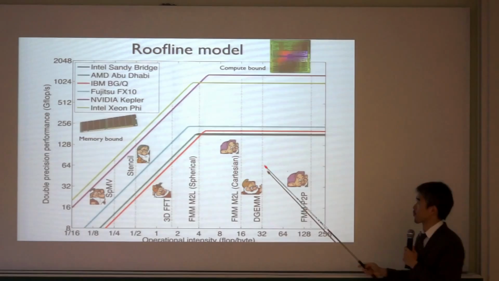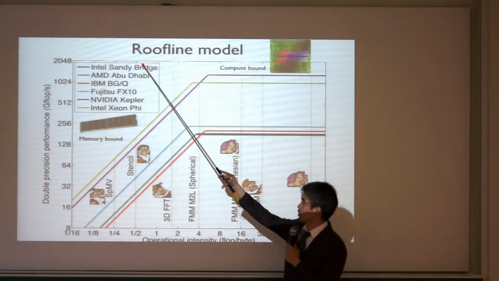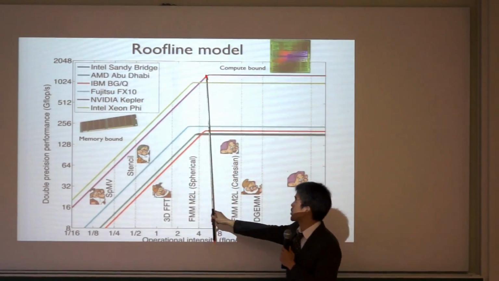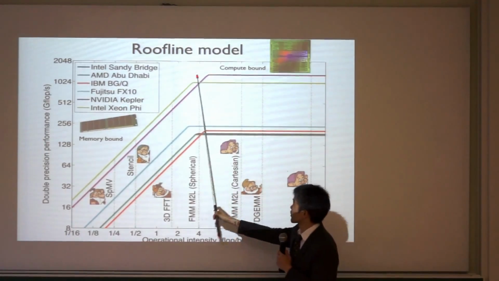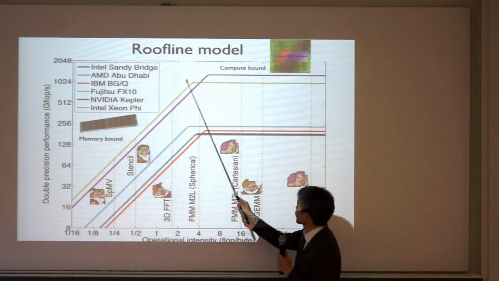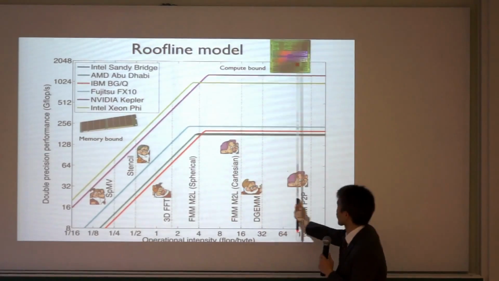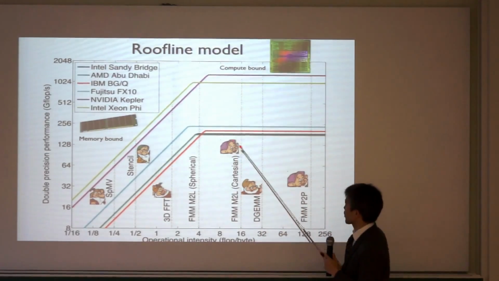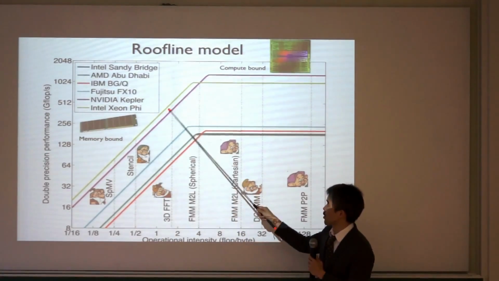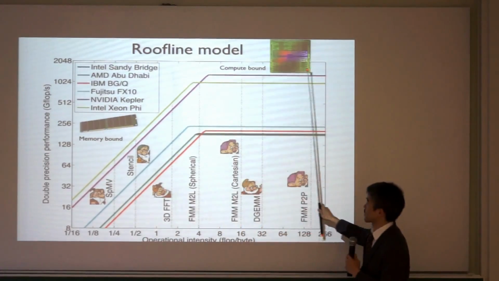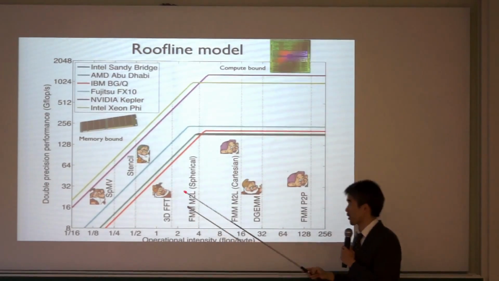So the trend of future architectures is shifting the point at which this thing levels out more and more this way. So more and more algorithms are becoming memory bound. If it's on this slope, it's memory bound. And this slope region is shifting this way on future architectures.